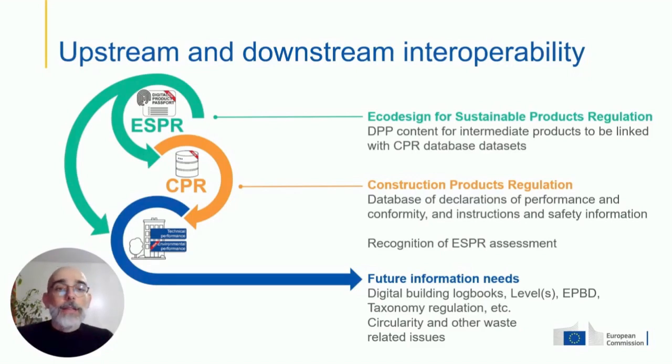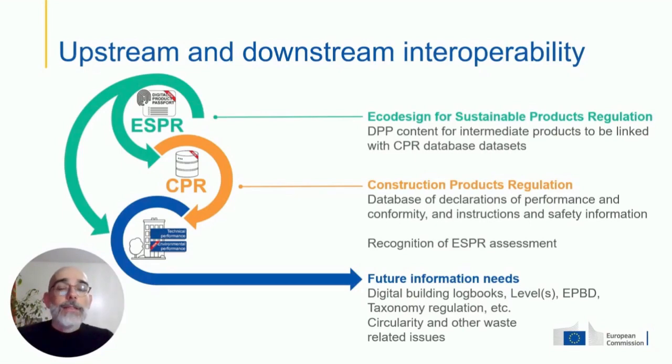And this information, if it is an intermediate product, will likely go into the Construction Products Regulation system. And if it is a product that is directly installed in buildings, it will go directly to the building. In any case, through eco-design or through the Construction Products Regulation, the information will be integrated in the future information needs of the building.